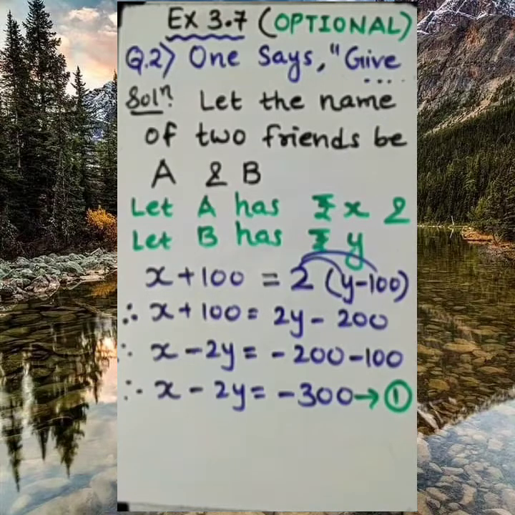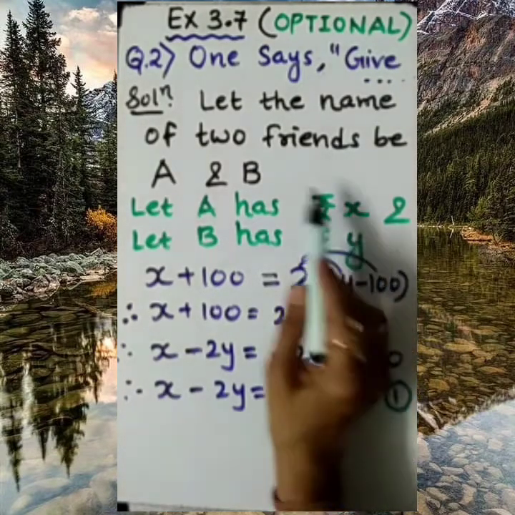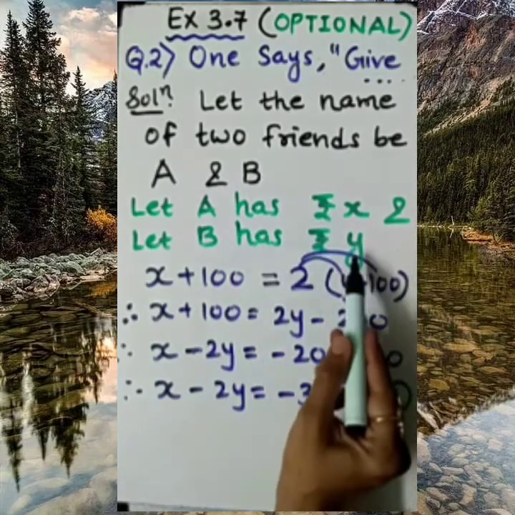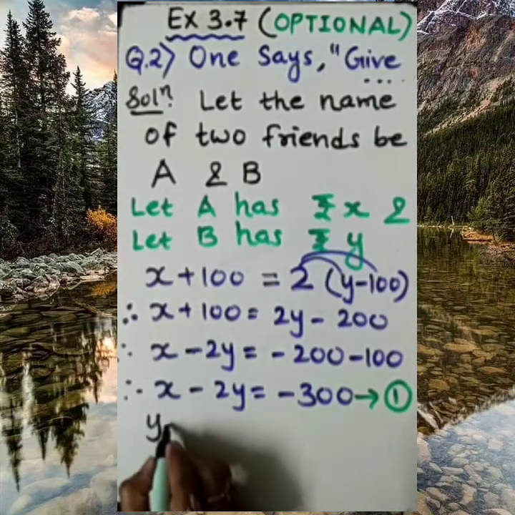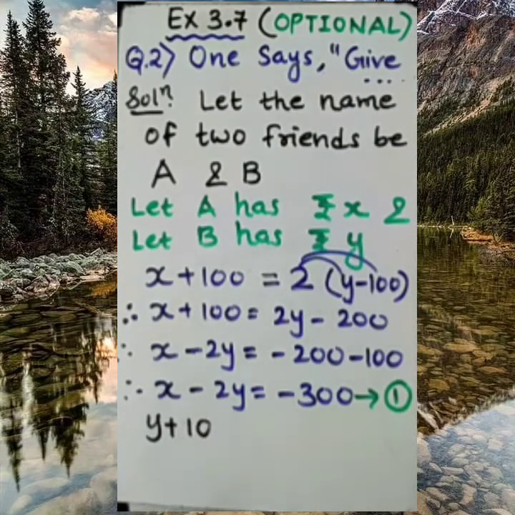Fine. Now let's focus on the second equation. Let me read it for you. The second statement says, if you give me 10. The question says the other reply, and other means the second friend, friend B. Friend B is saying, if you give me 10 rupees, so y plus 10.